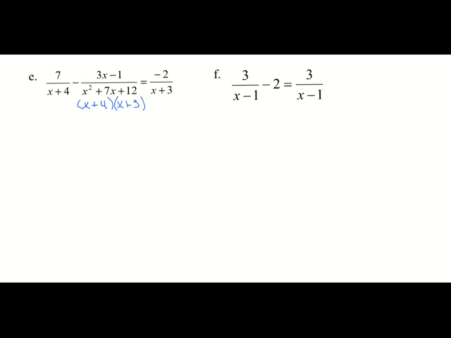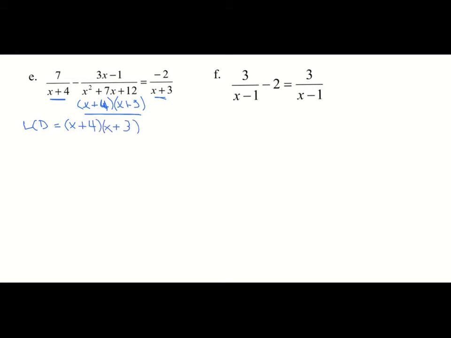And the nice thing is here, that is our common, our other two factors are x plus 4 and x plus 3. So this makes it my LCD right here. So I have to multiply everything by my LCD of x plus 4 times x plus 3.